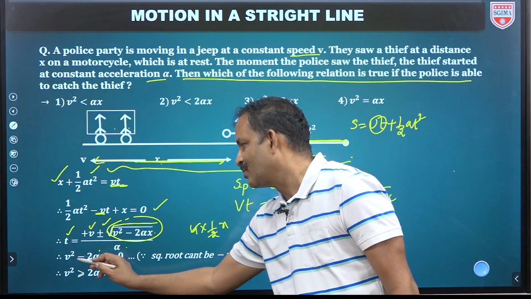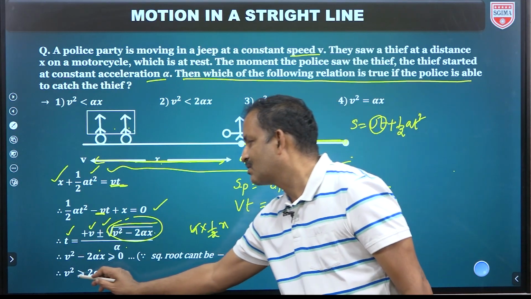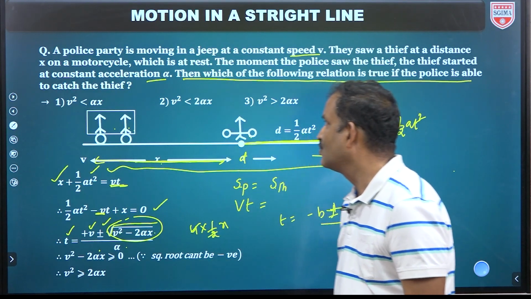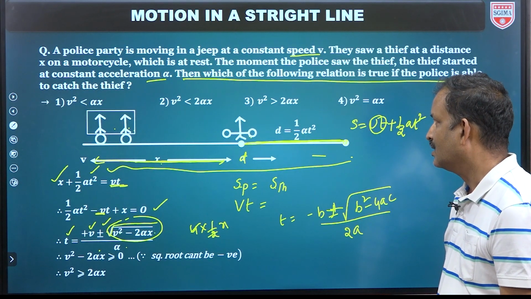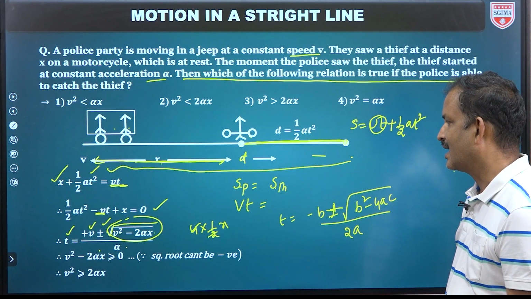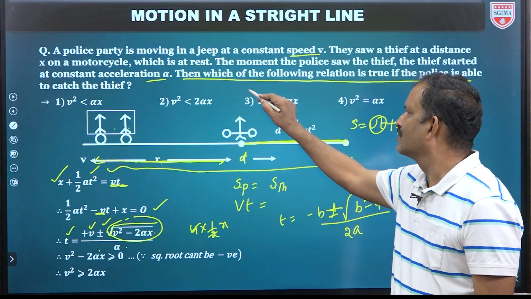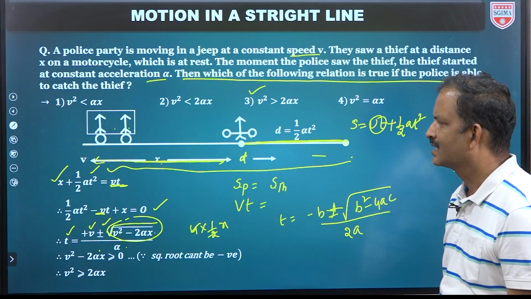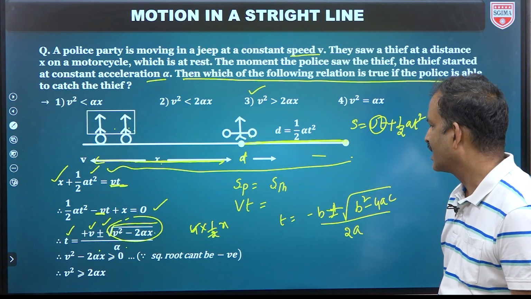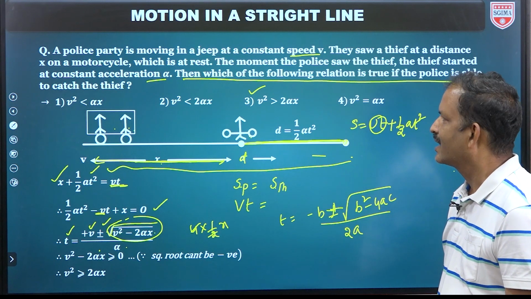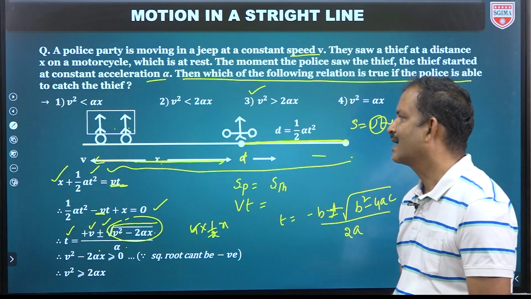So, v square minus 2 alpha x should be greater than or equal to 0. So, v square should be greater than or equal to 2 alpha x. Definitely, if greater than, he will catch. V square should be greater than 2 alpha x. If this condition is satisfied, then only he can catch that one.